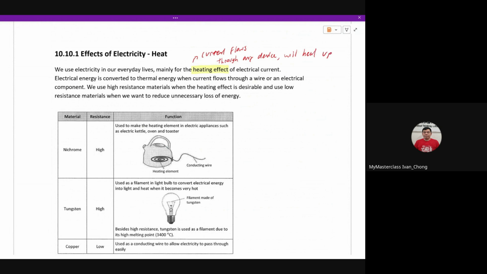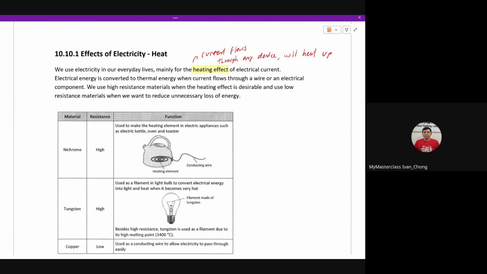You will always heat up your device. That's why if you use your handphone for a period of time, or you play your video games, or you watch a very high definition video, you realize the back of my phone started to heat up. Because when you do all these, a lot of current is flowing through your handphone, and they will produce a lot of heat.